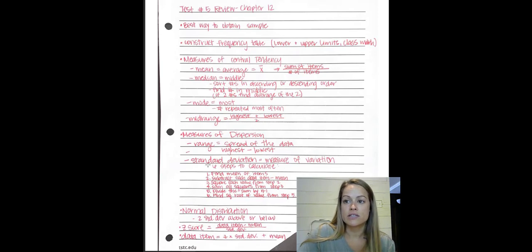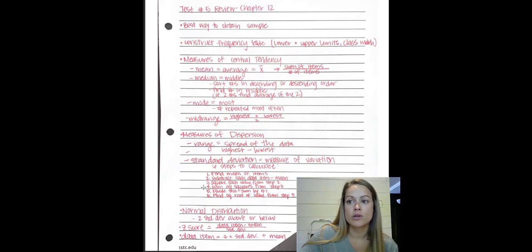So there are 6 steps to calculate the standard deviation. The first step is to find the mean of your items. The second step is to subtract each data item minus the mean. The third step, we are going to square each value from step 2.